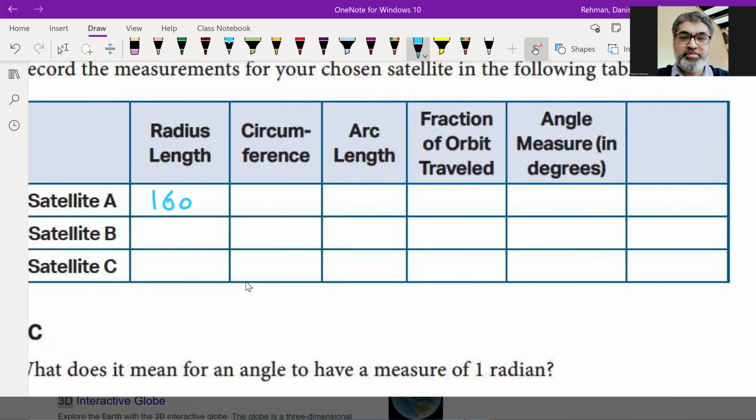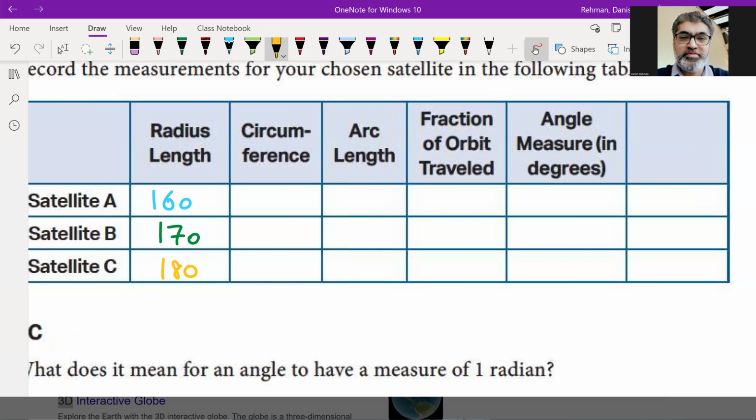The satellite B is at a distance of 170 miles from the Earth. And then I'm giving you another radius, which is the satellite C's distance from the Earth, and I'm giving you that as 180.